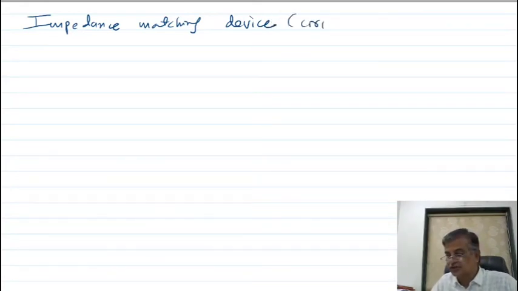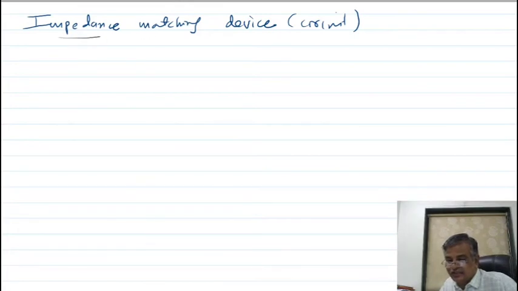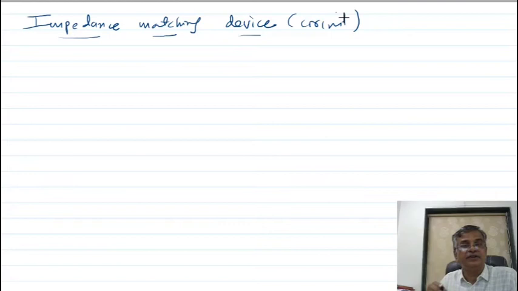Just now, in the beginning, we discussed that the source follower or common drain can be used as an impedance matching device or circuit. So what does impedance matching do?